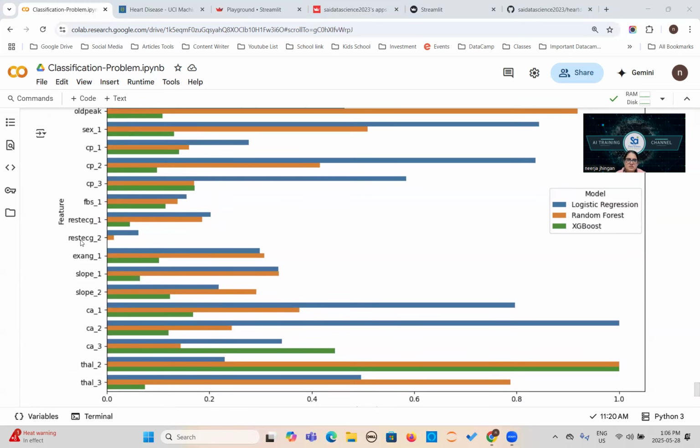Your random forest is using this one very little. Even your logistic regression too, right? So you can try to drop this feature and fit the model again. You can keep only the features which are very high. Look at this one. And then fit the separate model again and again. Okay, might be your accuracy will increase from 86 to 90. So this is the important portion.